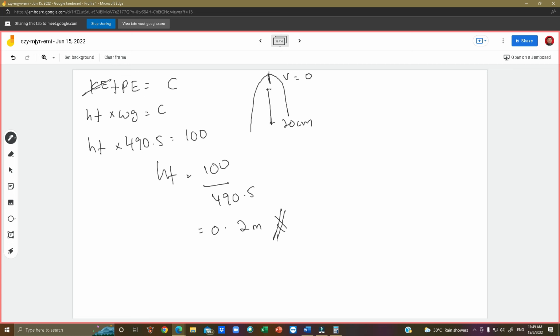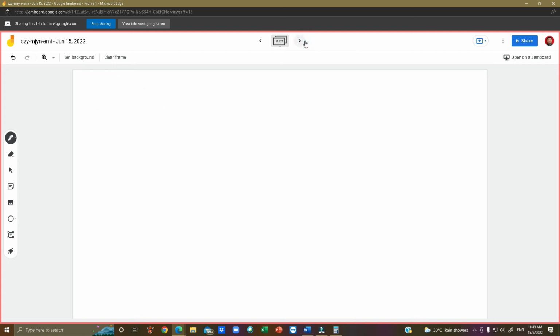I think we have time for another one. Let's go to another example. Alright, now we have still a ball being tossed. Okay, this ball is 7 Newton. Weight ke mass? 7 Newton. Ada Newton kat sini.